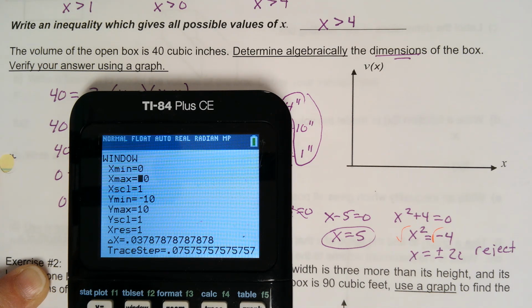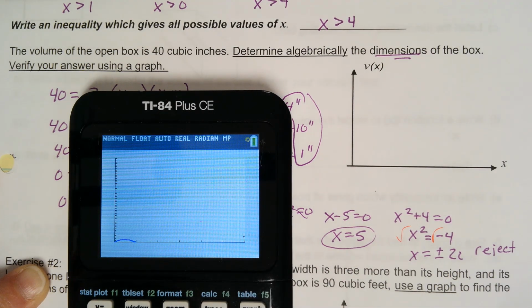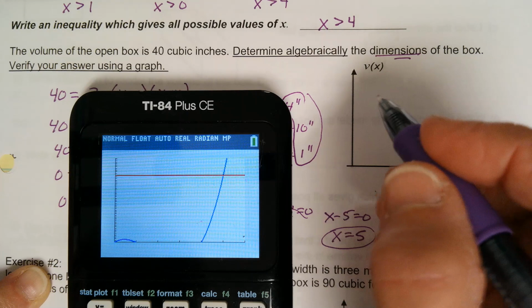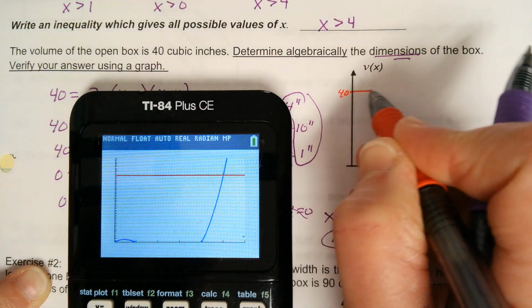I'll put the max at 6. And the y min, 0. The max, we know it's going to get as high as 40. I always like to see just a little more. I'm putting it at 50. Now press graph. And for our sketch, here's 40.